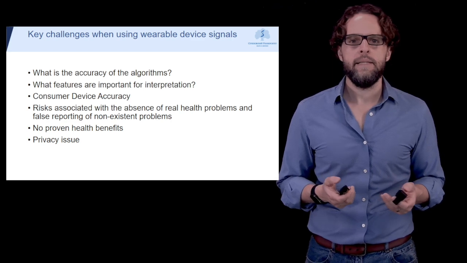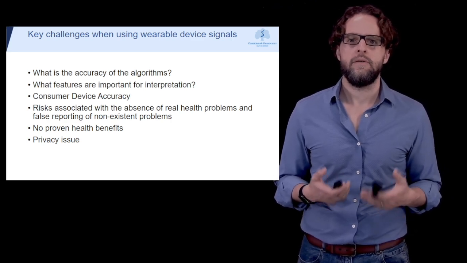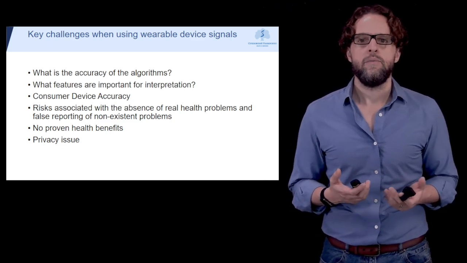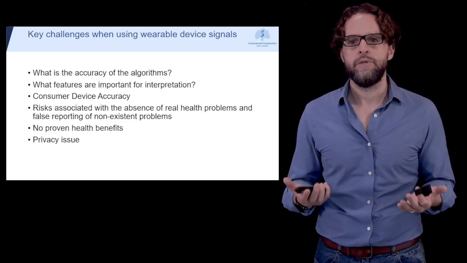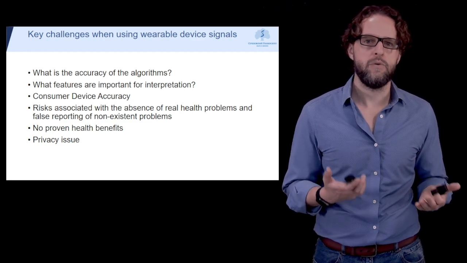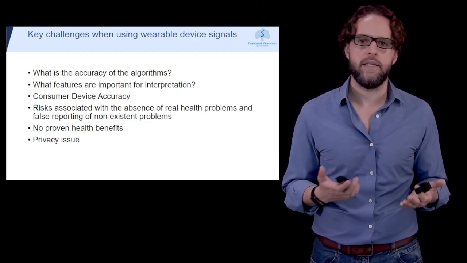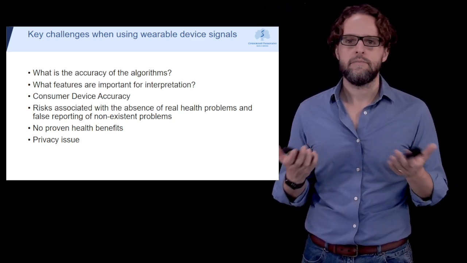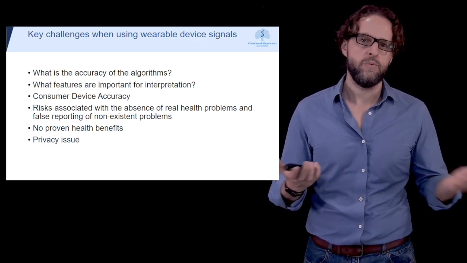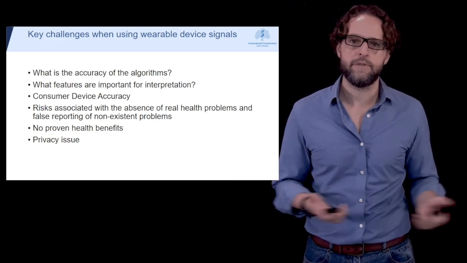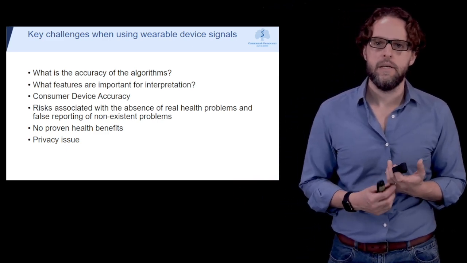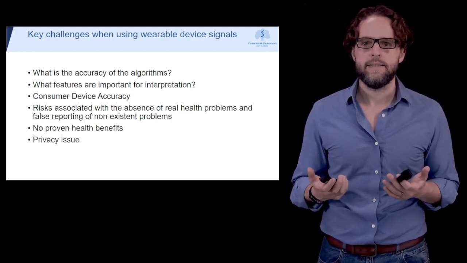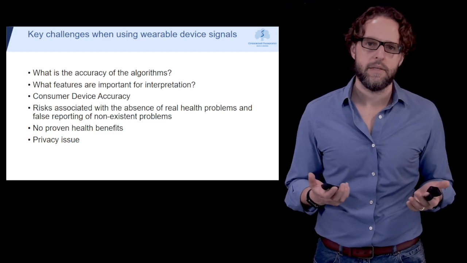What are the main problems with these data sources? We don't know how accurate the algorithms are or what features are critical to their correct interpretation. So we need to trust the developers of these devices. The accuracy of consumer devices is questionable.